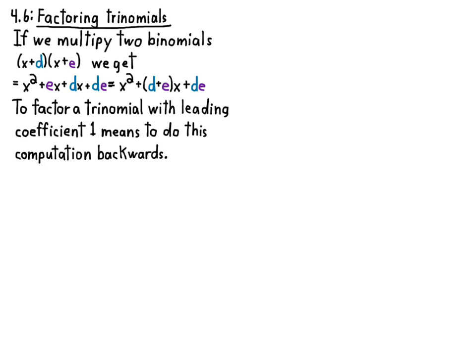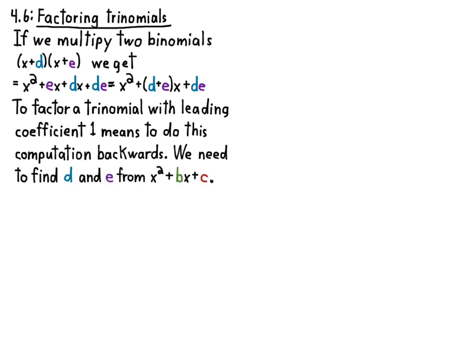We want to start with x squared plus the quantity d plus e times x plus de and end up with x plus d times x plus e. Now, you might notice that all you need to do is figure out what d and e are. So we need to find d and e.